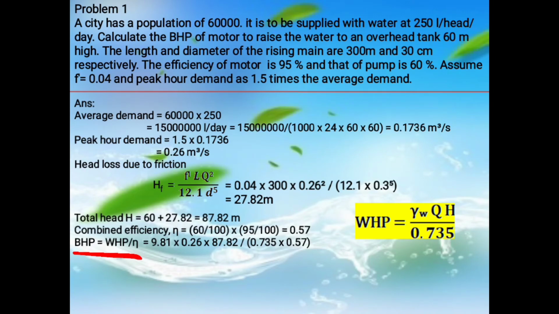That is WHP, gamma W 9.81 into Q 0.26 into H, total head 87.82 divided by 0.735 into 0.57, that is combined efficiency. Then brake horsepower equal to 534 kilonewton meter per second, or it is also called horsepower. This 534 horsepower or kilonewton meter per second.